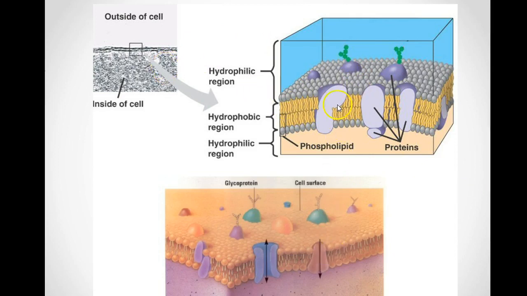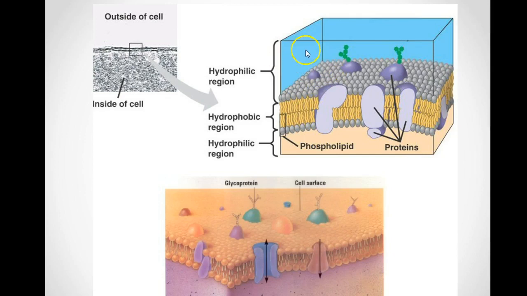So here are two different ways to look at this phospholipid bilayer. As you can see, we have these gray phosphate heads and these hydrophobic fatty acid tails. What does hydrophobic mean? Hydrophobic means water-hating. On the other side, we have these phosphate heads, which are hydrophilic. That means they love water.